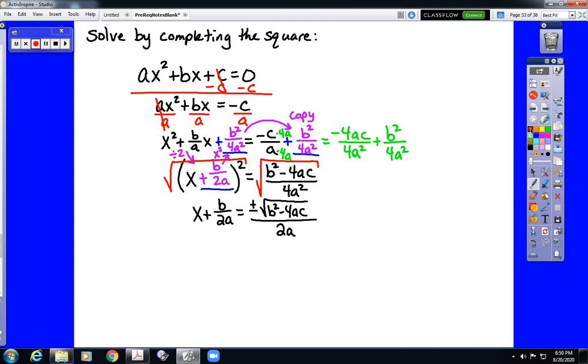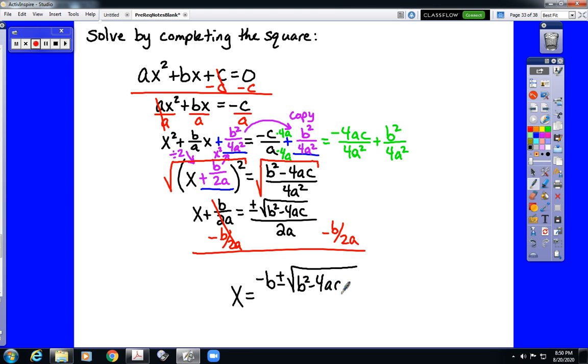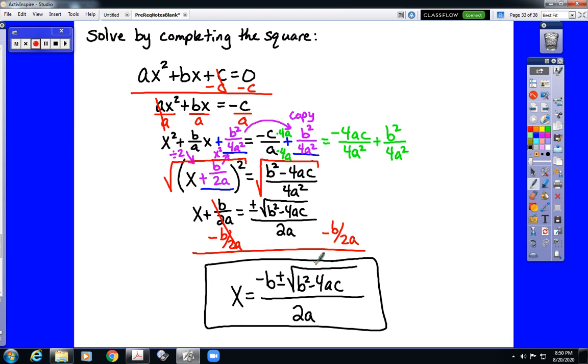Final step, we're going to subtract b over 2a from each side. Notice that we already have a common denominator of 2a, so this can all be written as one fraction, negative b plus or minus the square root of b squared minus 4ac all over 2a. This should look familiar from your Algebra 1 class. That is the quadratic formula.